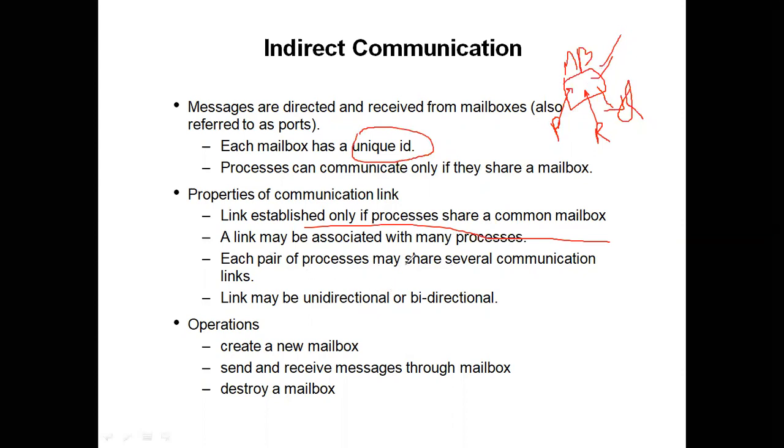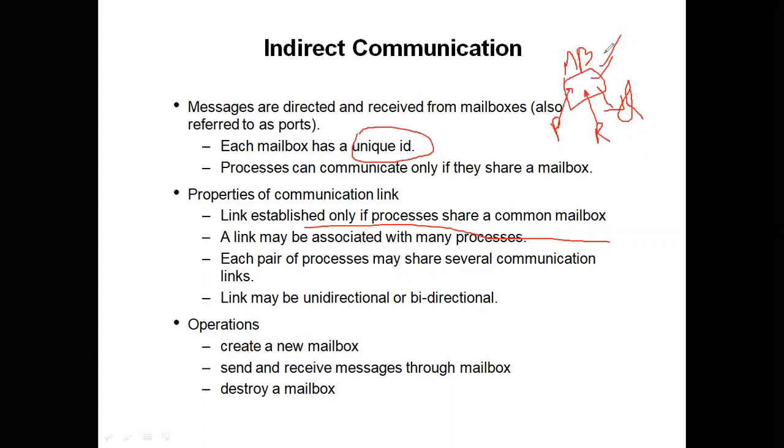Each pair of processes may share several communication links, and it is not mandatory that two processes can have only one mailbox. Two processes can have a number of mailboxes between them, and therefore a number of communication links, and these links may be unidirectional or bidirectional.